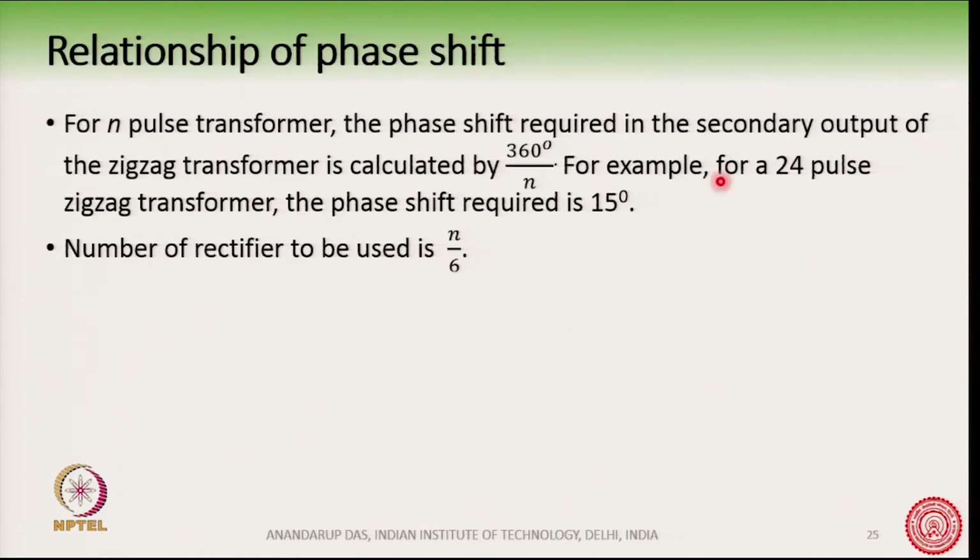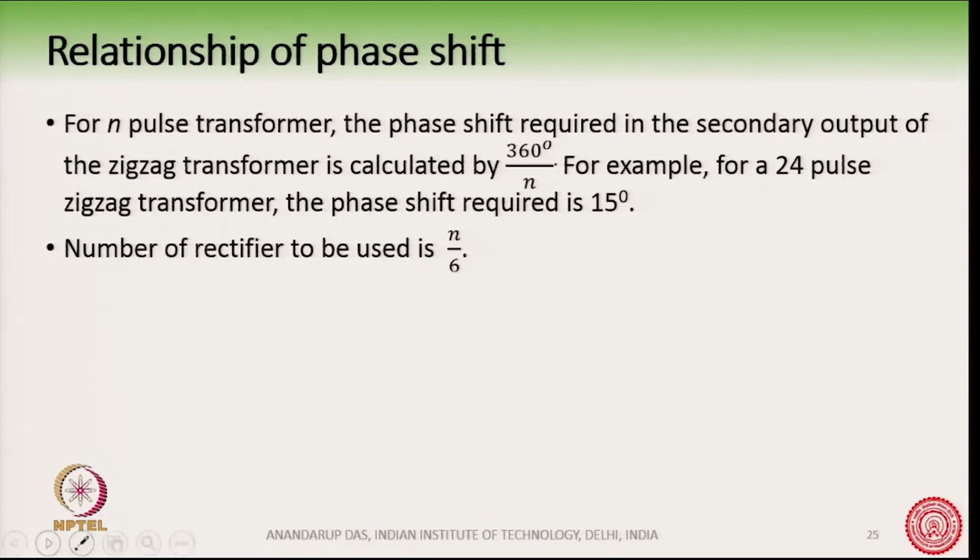For example, for a 24 pulse zigzag transformer, the phase shift required is 15 degree. For a 48 pulse zigzag transformer, the phase shift required will be 7.5 degree, that is 360 degree divided by n. And the number of rectifiers to be used is n by 6. For a 24 pulse zigzag transformer, the number of rectifiers is 4.